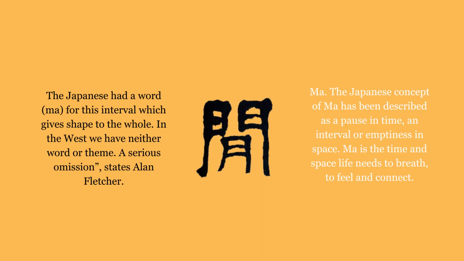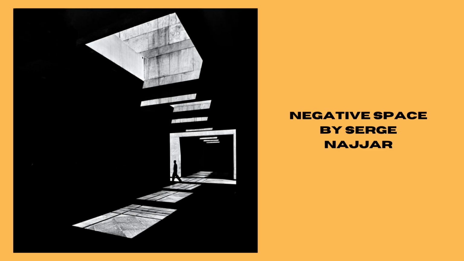Japanese philosophy is very prominent in my research about negative space, and a lot of Scandinavian cultures also have negative space influences. In photography it's about giving room to tell a story, to actually feel spaciousness, as you can see in this photo by Serge Najar.